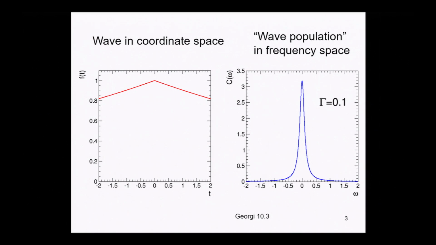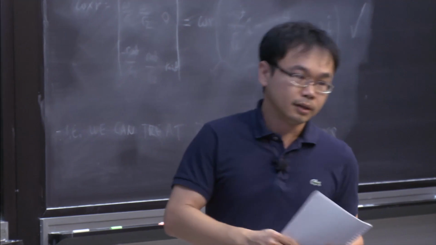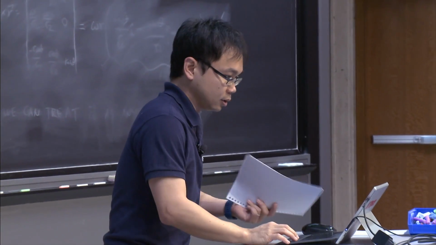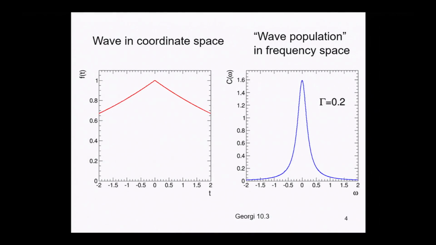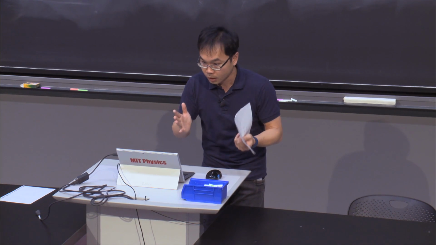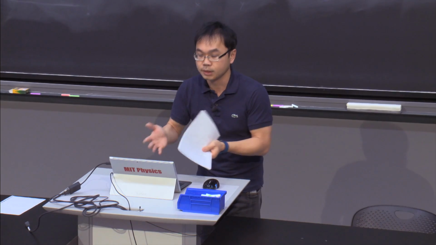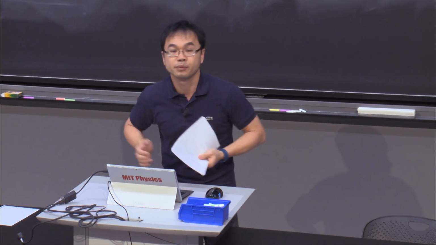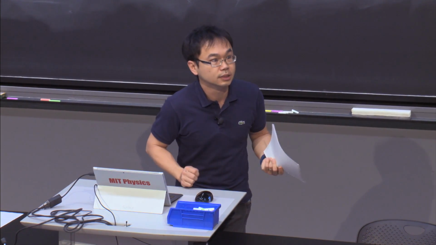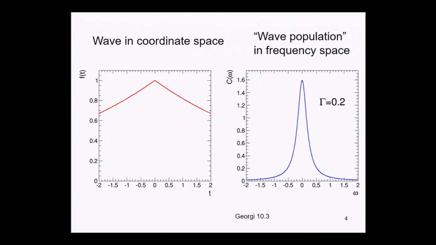And now if I increase the gamma slowly, so change it to 0.2, then you see that, as one would expect, the f function within the coordinate space becomes narrower. But on the other hand, you pay the price that the wave population in the frequency space becomes wider.